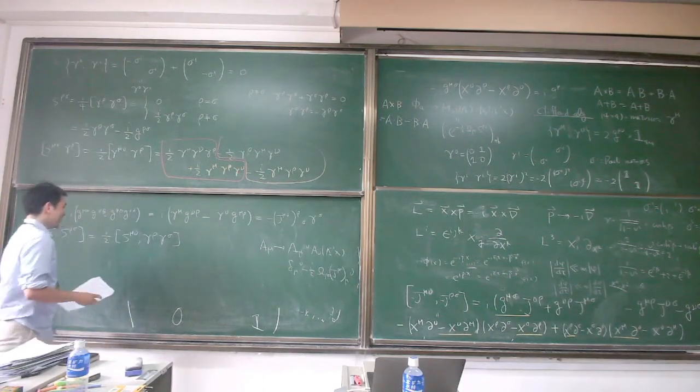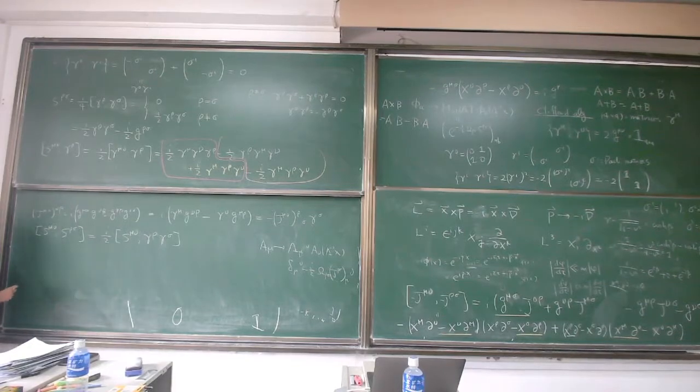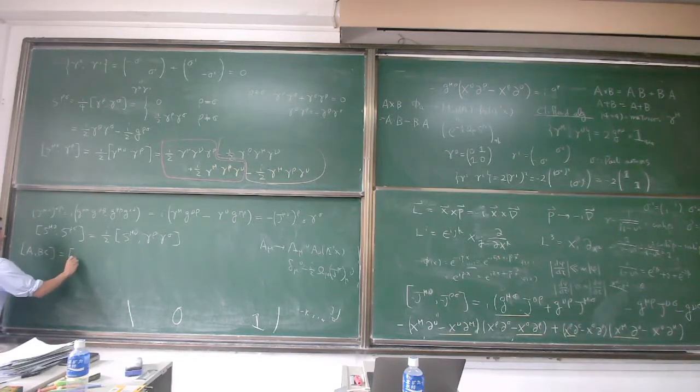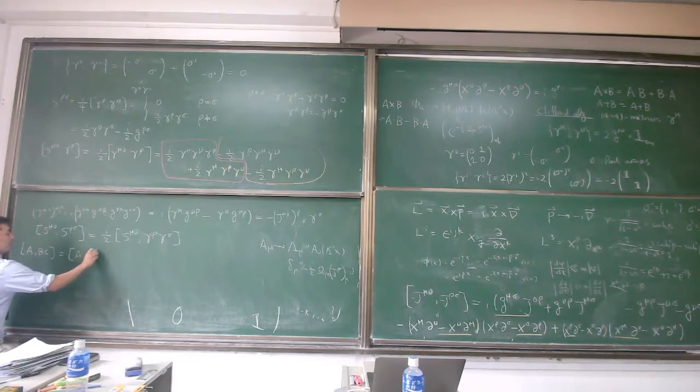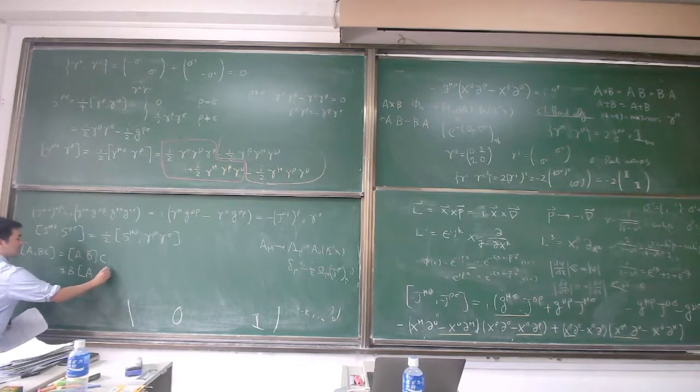Okay, and we know that for A, B, C, if you take this one, you get the commutator of A, BC is equal to the commutator of A, B times C plus B times the commutator of A, C. Do you agree?